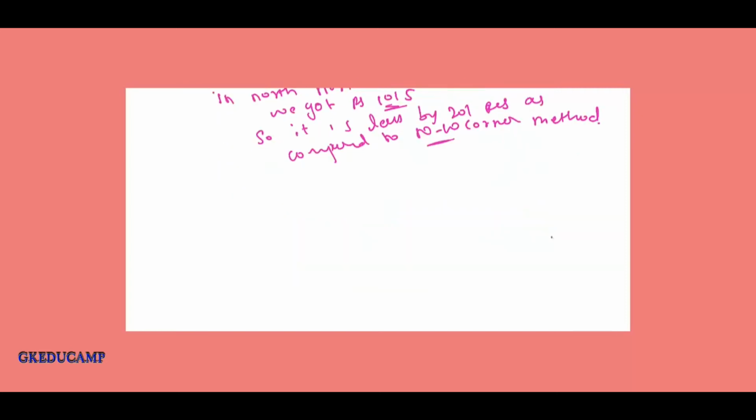And the last one we are going to solve is the fifth method, that is Vogel's approximation method, also called the unit cost penalty method. It is the most important method when it is asked in the examination.